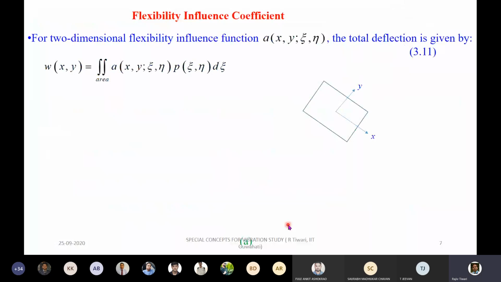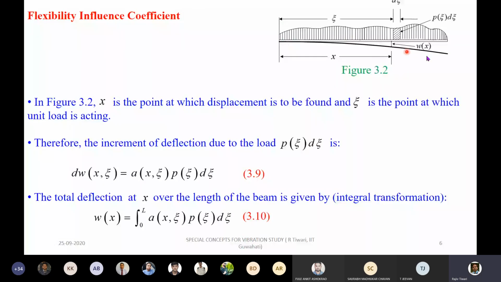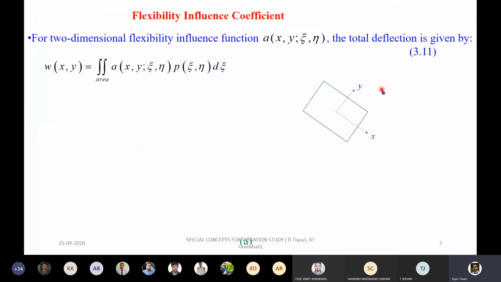This was a one-dimensional beam, where the x coordinate is there. The same concept applies because in continuous systems we can have two-dimensional problems like a plate problem, in which we have x and y. Plate problem means that not only the length but the width also has appreciable extent.